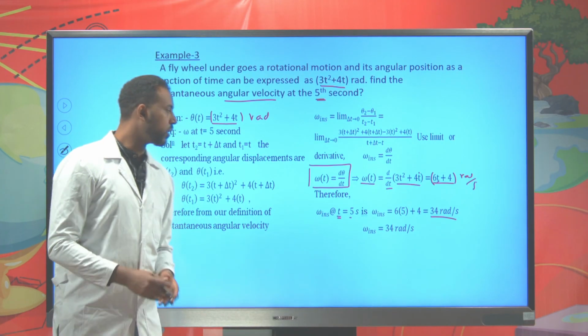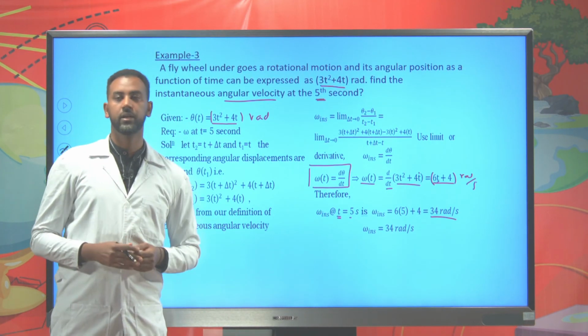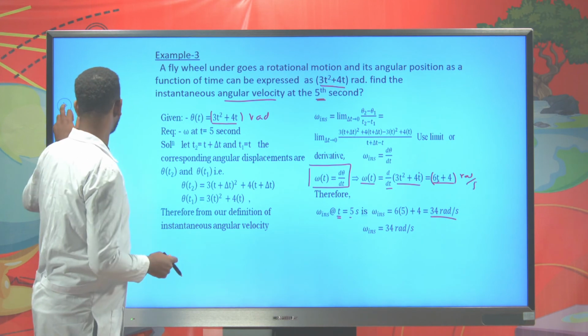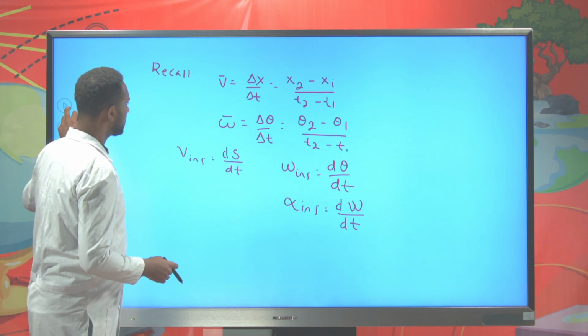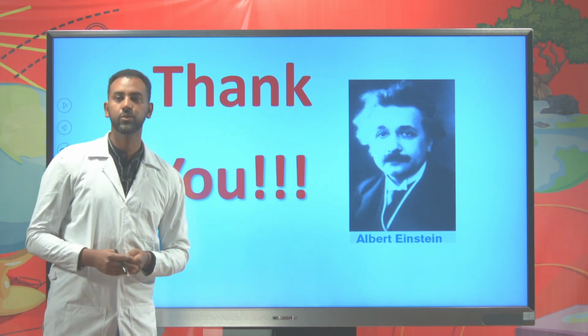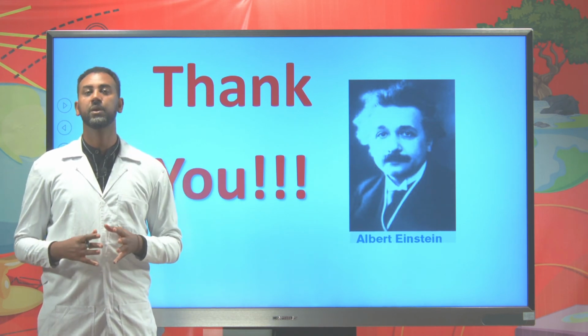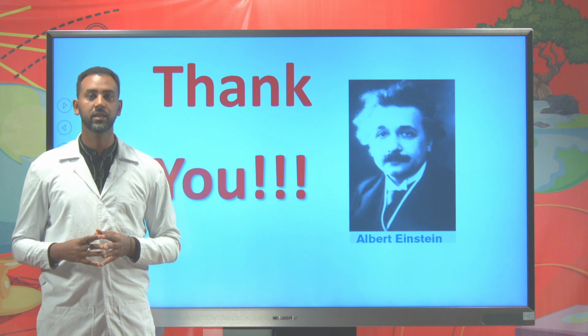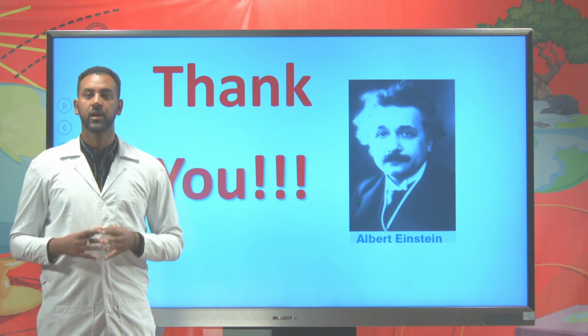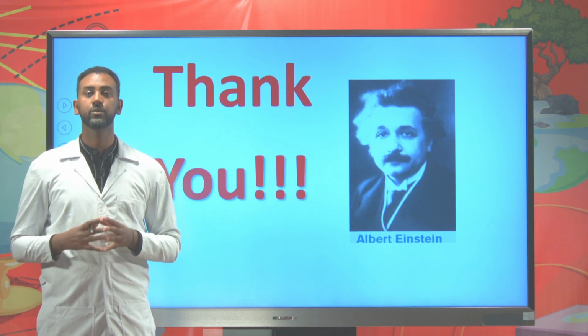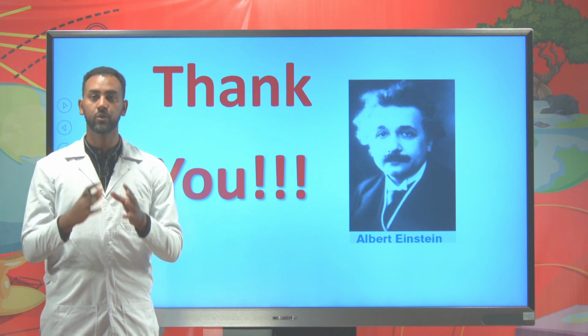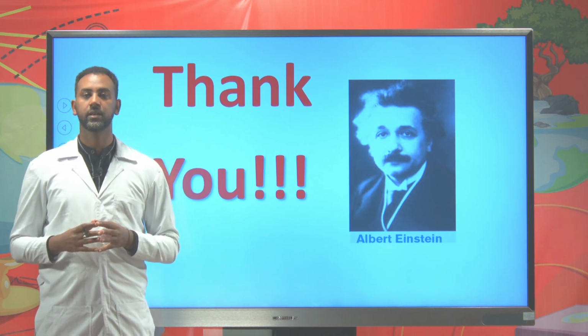So it's possible to have angular velocity and angular acceleration as well. This is all that I have got for today. So far we have tried to deal with rotational kinematics, the different types of motion. Among the different types of motion, we dealt with motion having a constant angular acceleration.